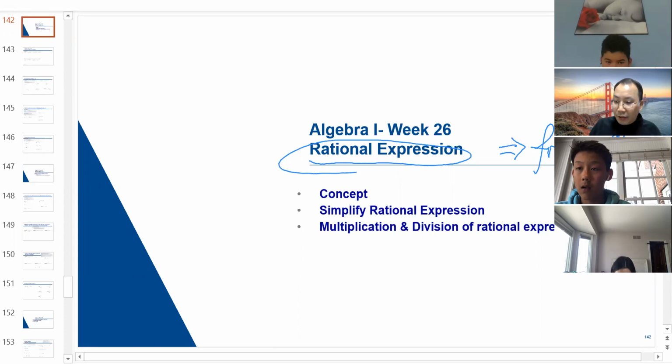The difference here is that now the numerator and denominator are made of polynomials.